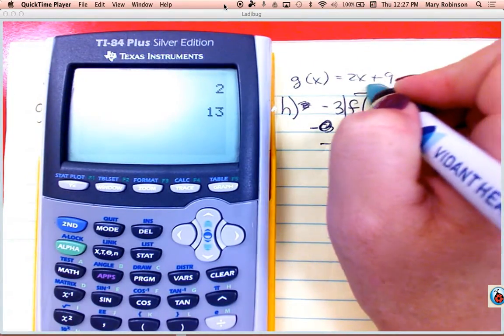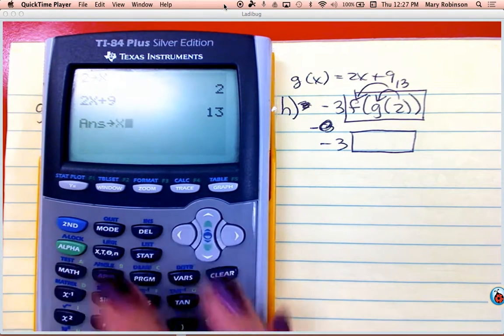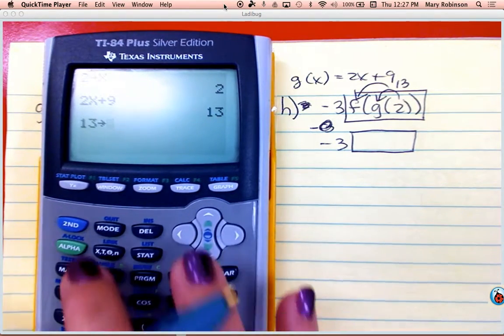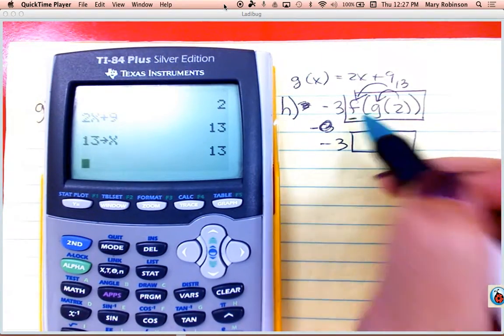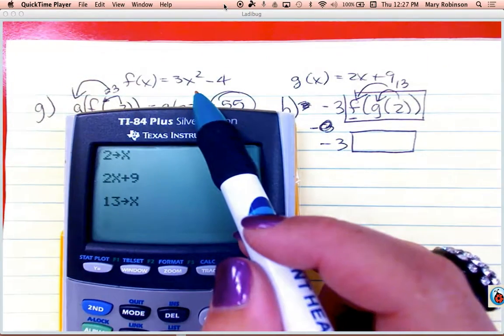Now I want to take the 13 and plug it into my f function, but of course I want to now store 13 as my x. So you can just redo 13 store as x if you like. But now I'm plugging it into f. And f is 3x squared minus 4.